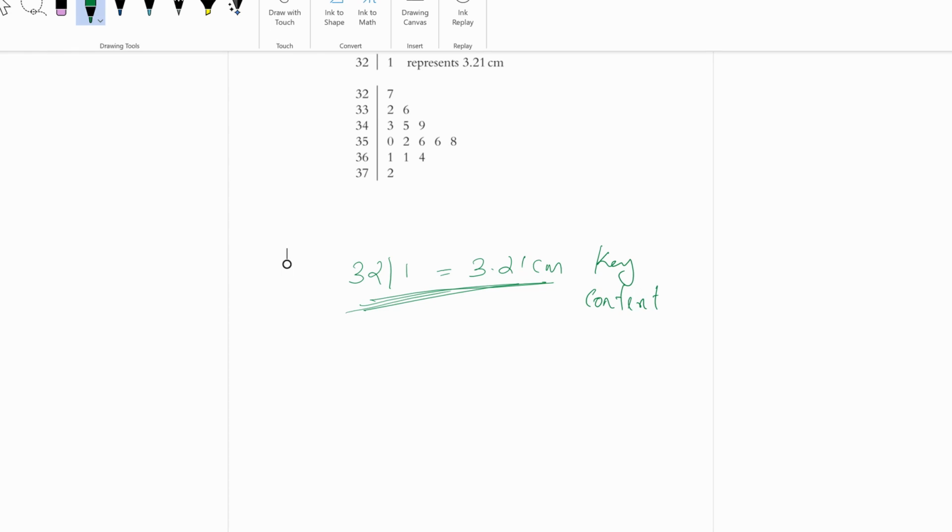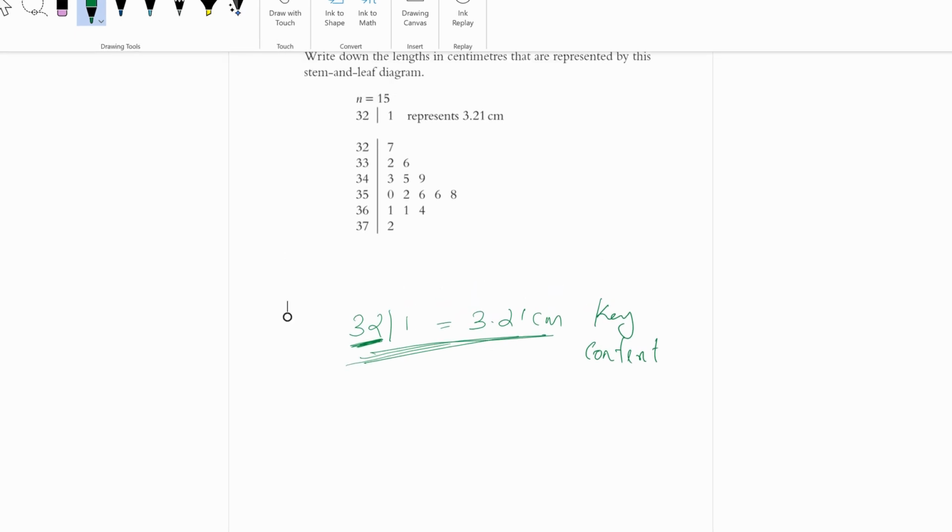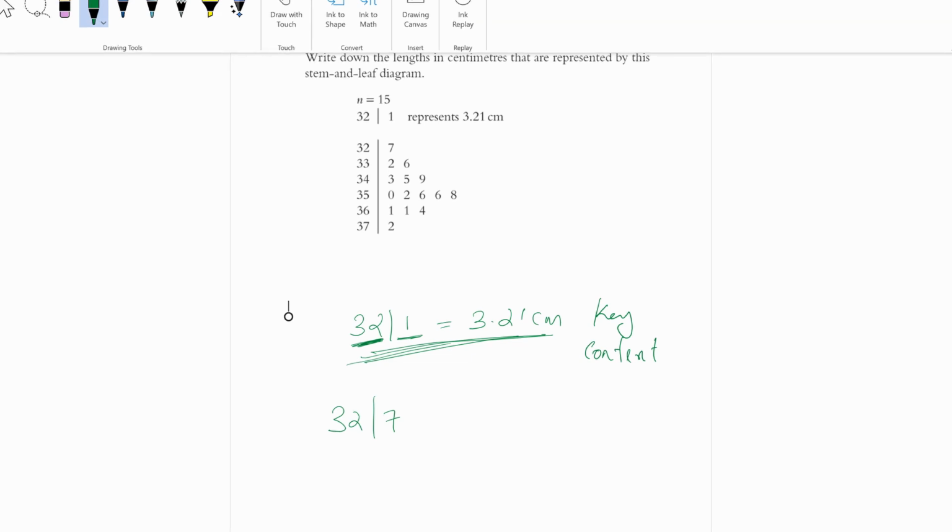32 bar 1, so you understand that the first two digits go to the stem and the digit that comes after the decimal point is the leaf. Which means 32 bar 7, which is the first value, can be decoded as 3.27 centimeter.